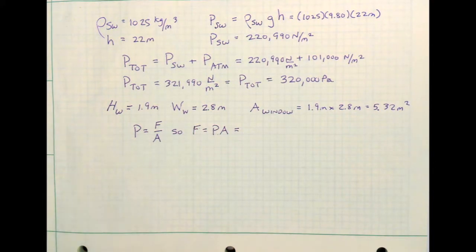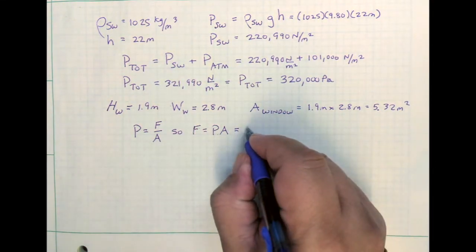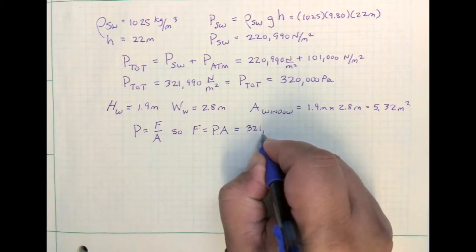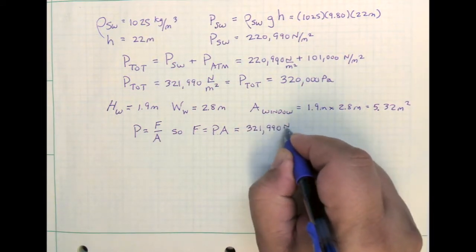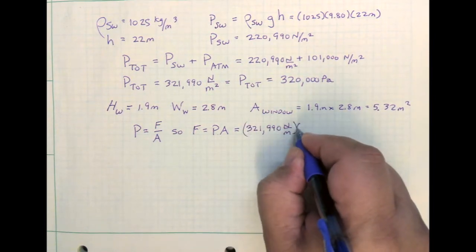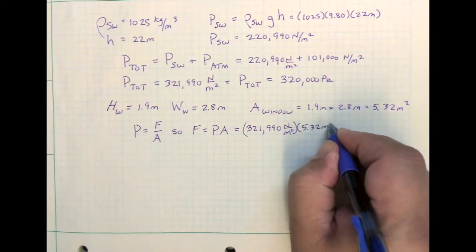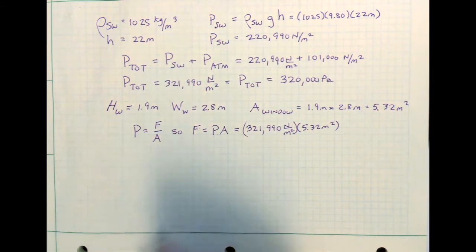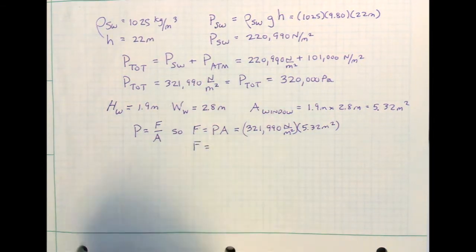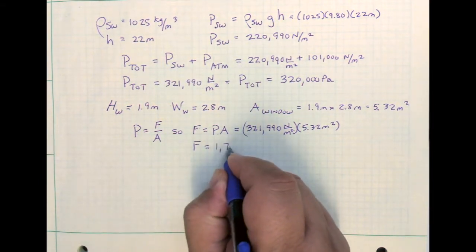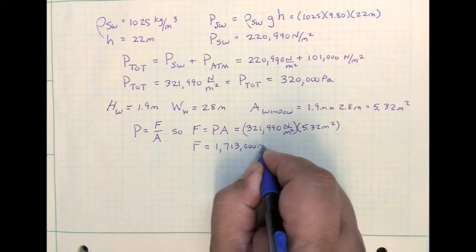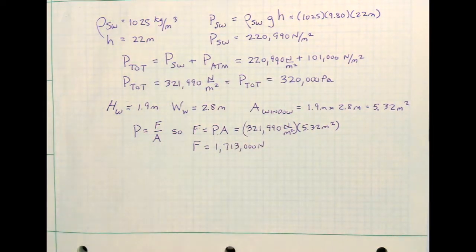And so we take the total pressure felt by the window, 321,990 newtons per square meter, and we multiply by the area of the window, 5.32 square meters, and that leads us to a total force felt by the window of 1,713,000 newtons. To two significant figures, we would report this as a force of 1,700,000 newtons felt by the window.